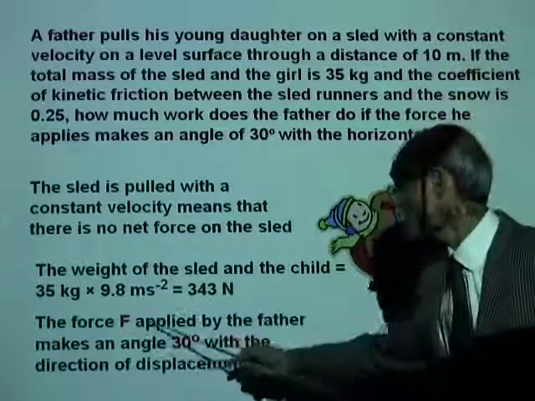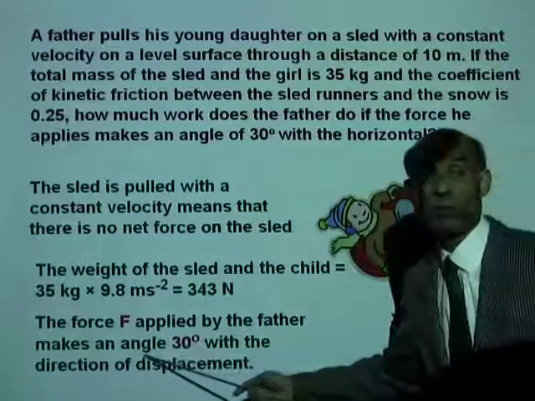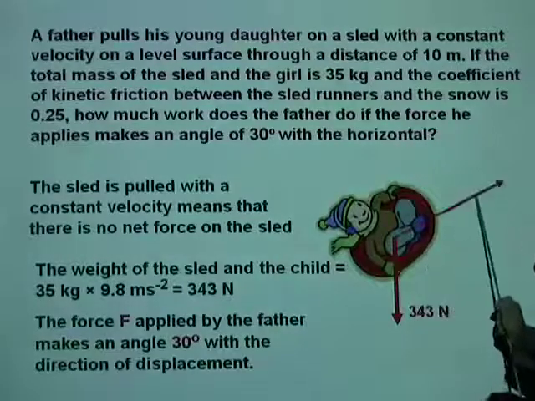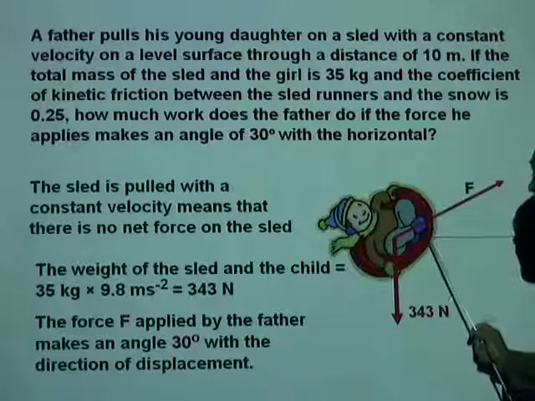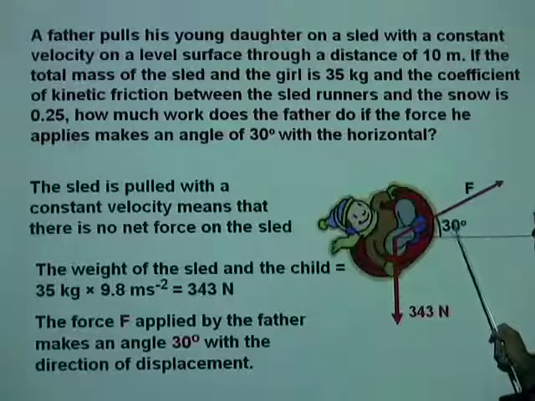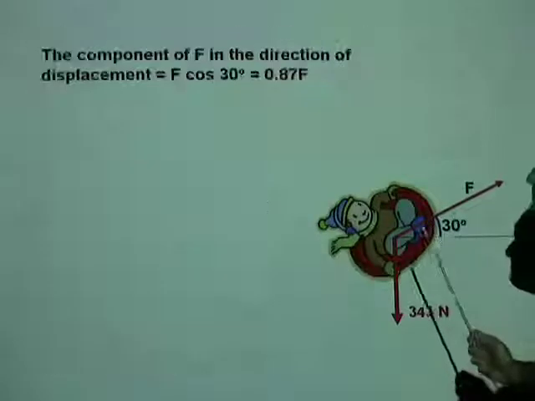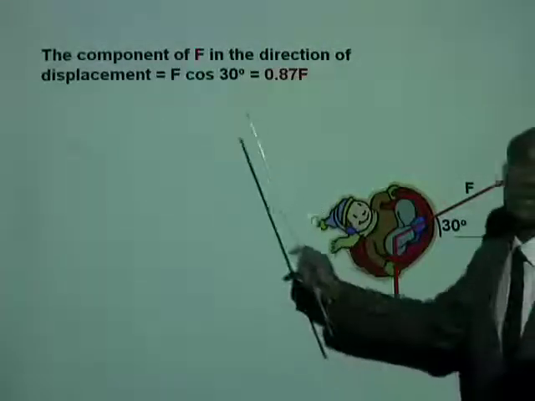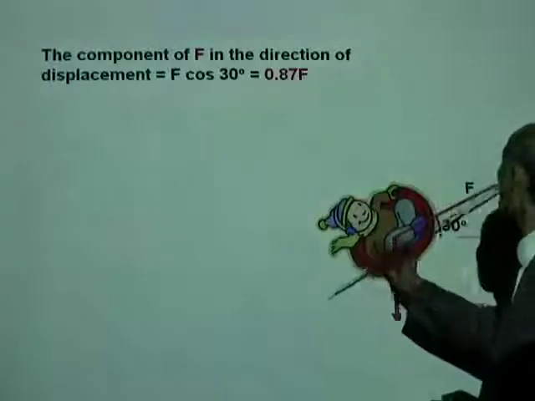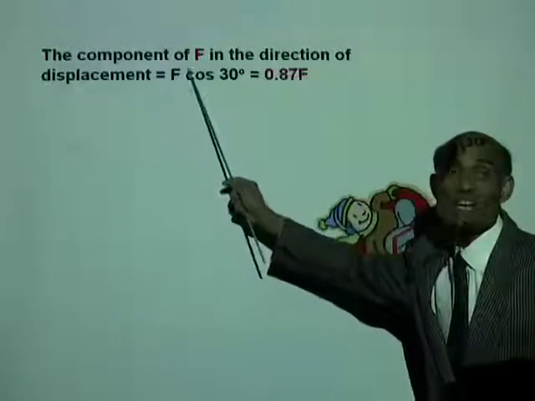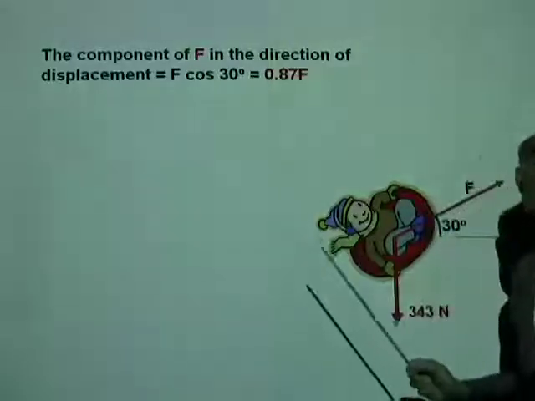The force F applied by the father makes an angle 30 degrees with the direction of displacement. What does that mean? It means the component of this force in the direction of displacement is F cos 30 degrees.